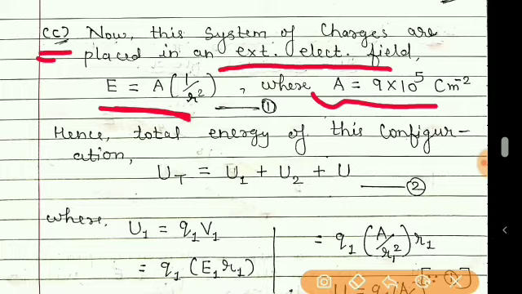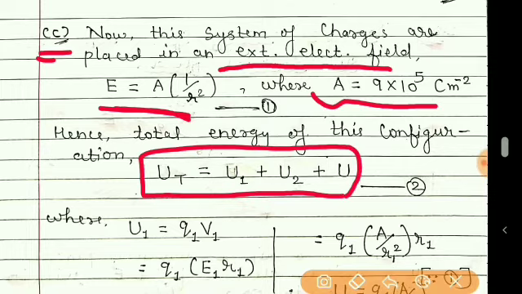Now students, we know that when the system of two charged particles is kept in an external electric field, the potential energy of that configuration will be given by this. The total potential energy is nothing but the potential energy of the first charged particle in an electric field, plus that of the second charged particle in an electric field, and also the potential energy related to the two charged particles themselves.